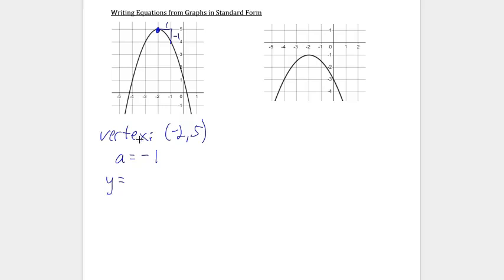Now in this case, since we know the vertex, we're going to start with the vertex form of the equation. Now this isn't the form that the directions ask for, it asks for standard form. So once we fill in a, h, and k, we won't be done quite yet.